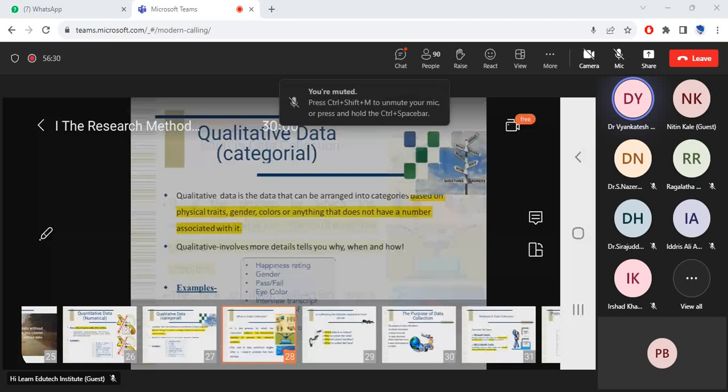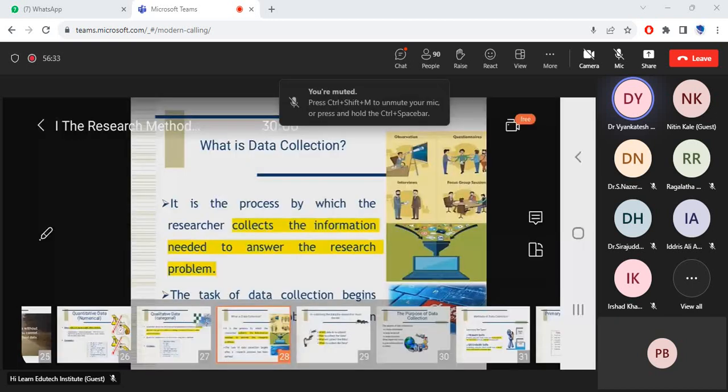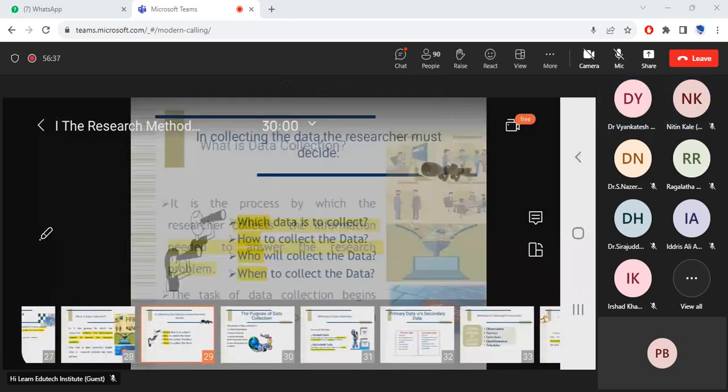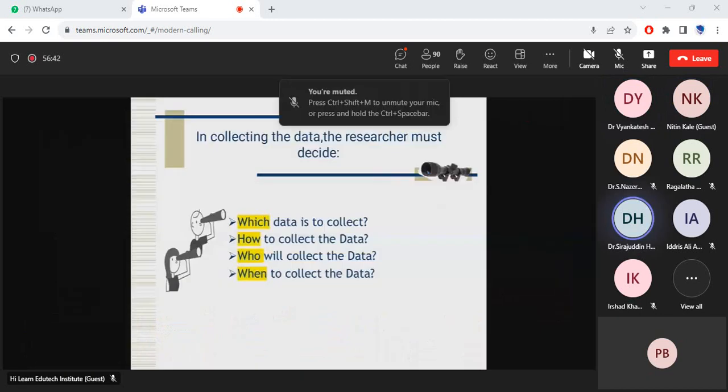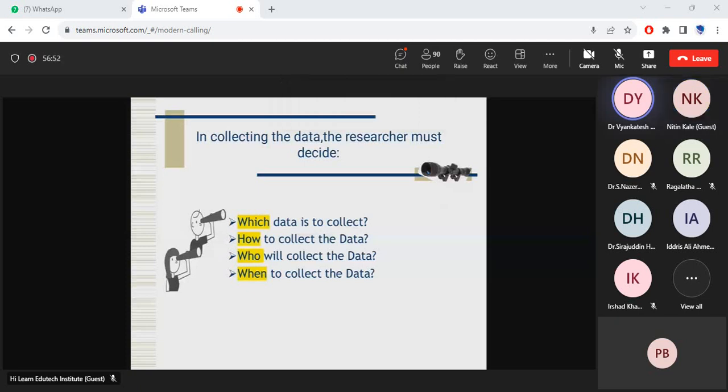In collecting the data, the researcher must decide which data is collected, how data is collected, how much data is collected, and when the data is collected.